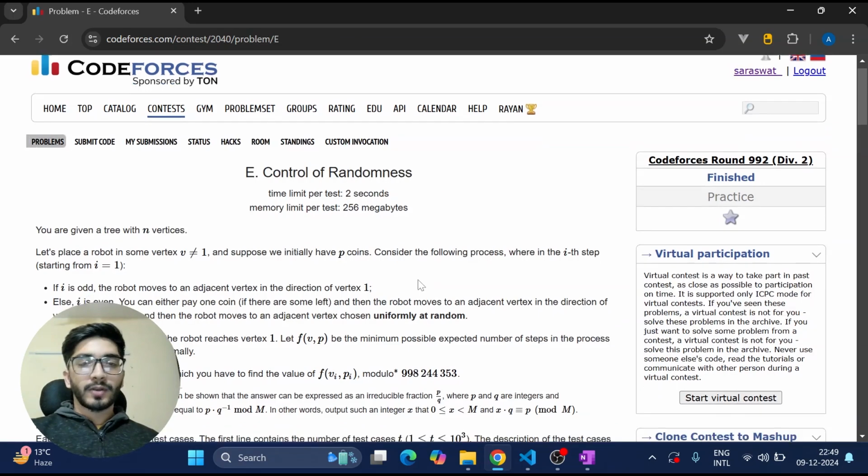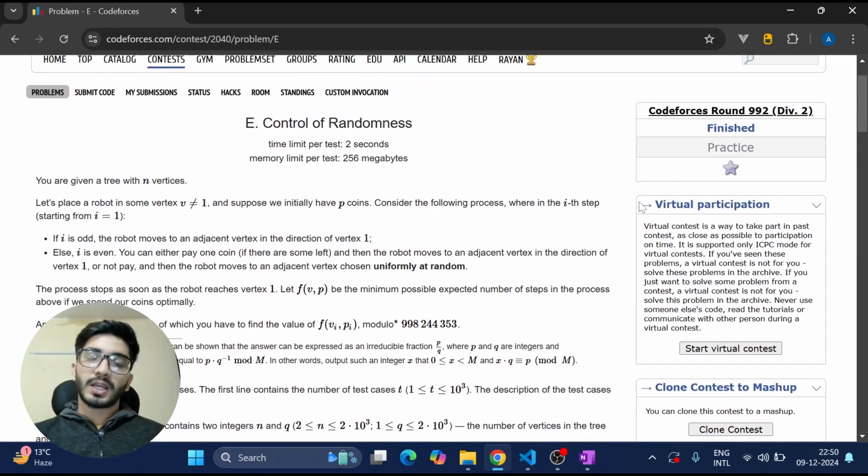This was also a pretty good problem, because initially I was using probability and some expected DP for calculating those expected values, and was trying to come to a formula which was not fitting into the solution.